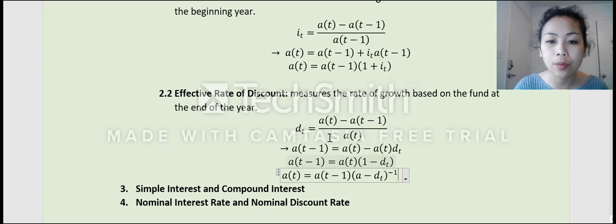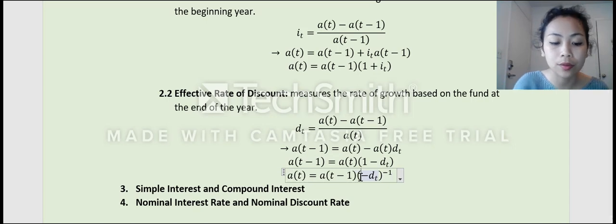So now we have two more formulas for how the accumulated value is computed based on effective rates of interest and effective rates of discount.